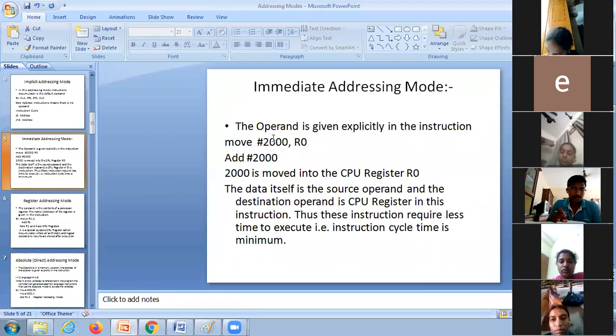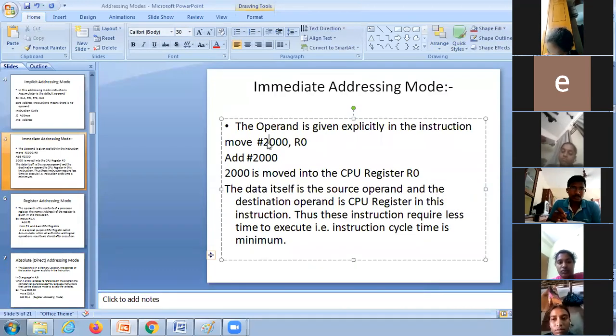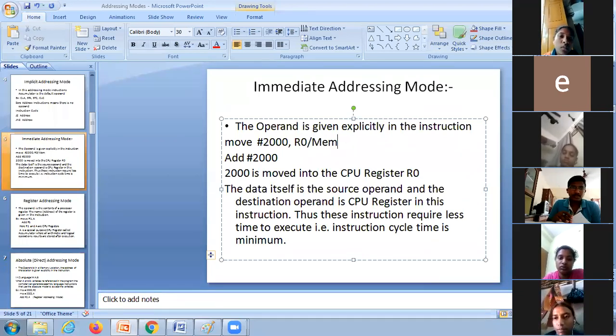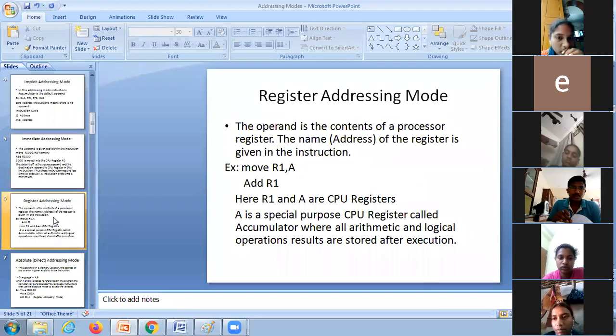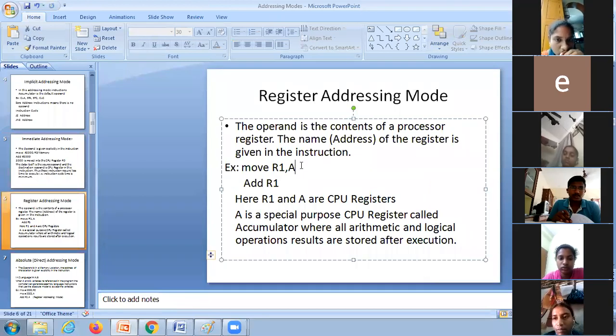But the important point is that one operand must be an immediate operand, explicitly written in the instruction. The other one may be either a register or a memory address. In register mode, the operands are registers.